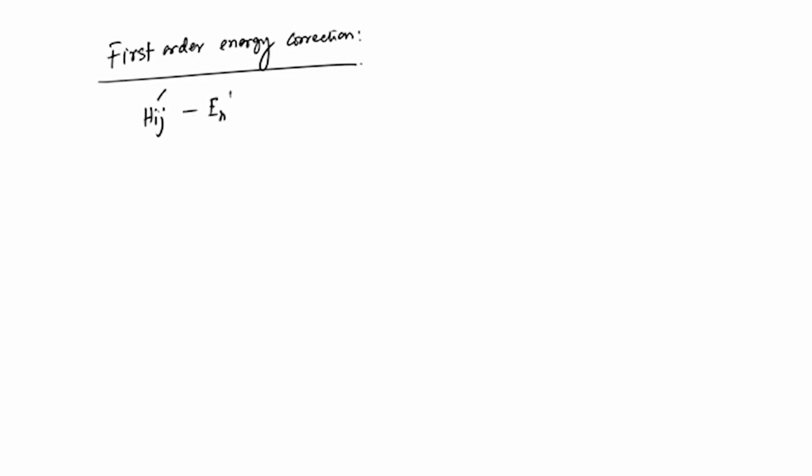So, the first order energy correction is obtained from this equation, which is H prime ij minus E n1. And of course, we should write, because H prime ij is okay, it is not that required, but you can just say that the determinant of this is equal to 0.